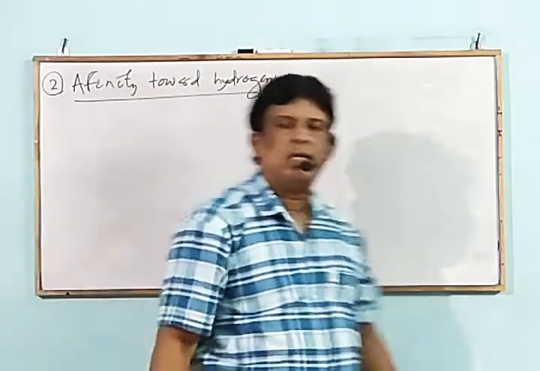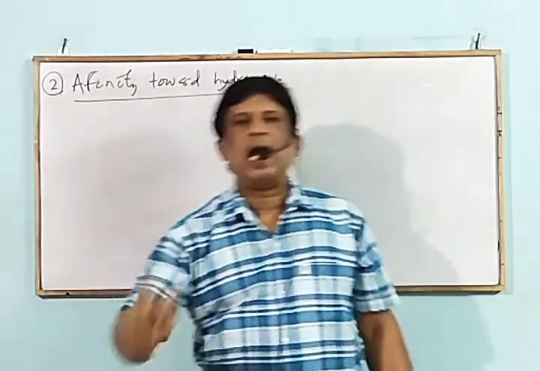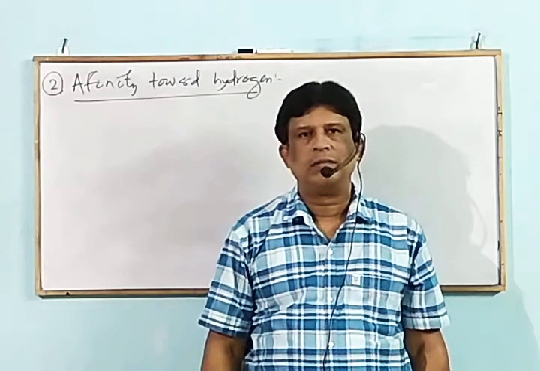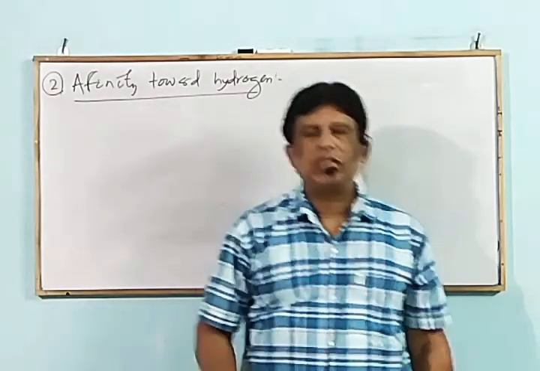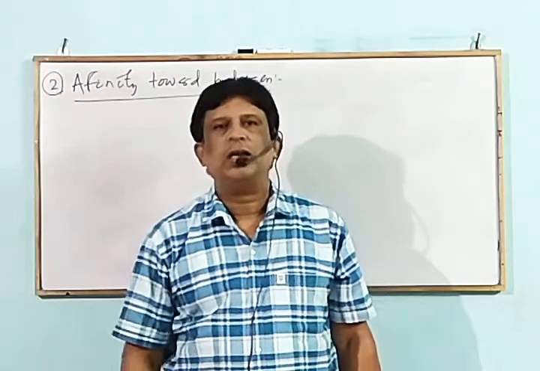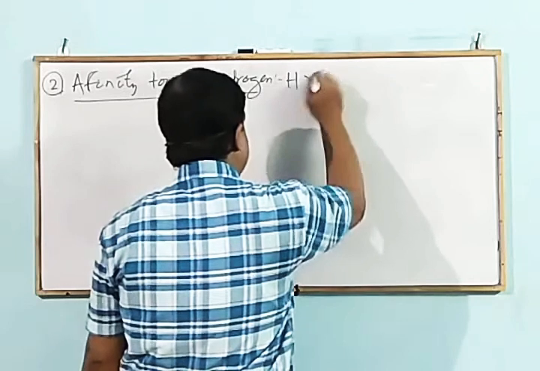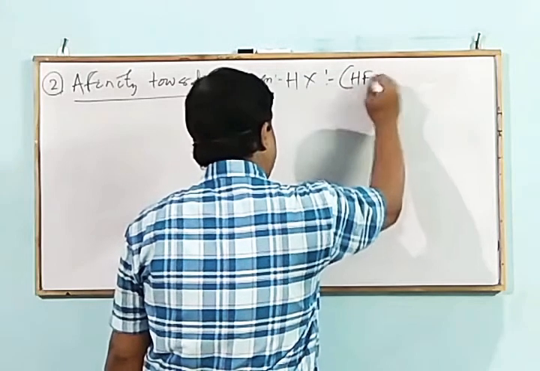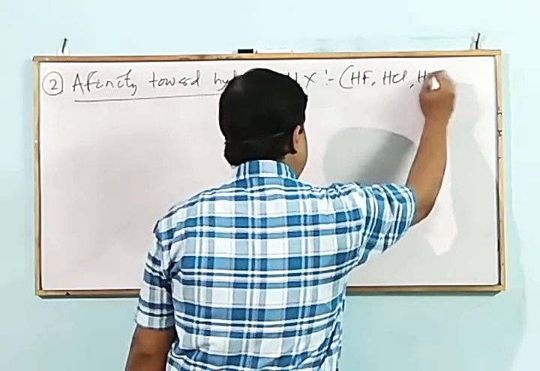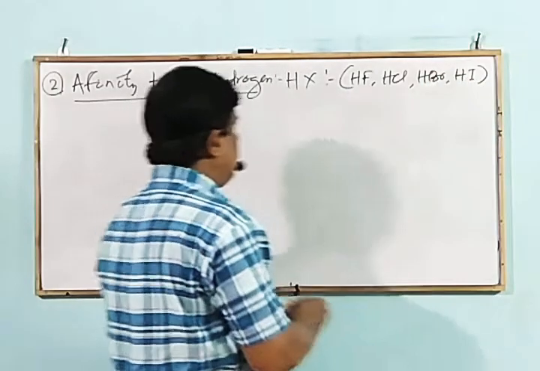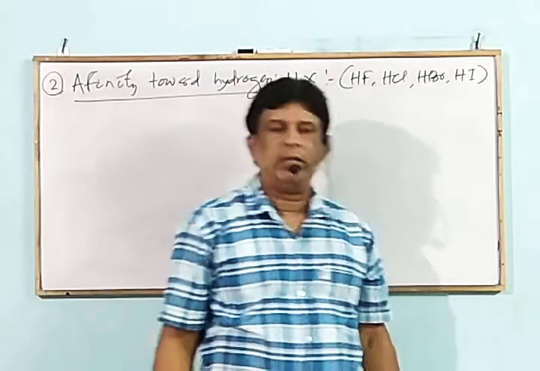The halogens combine with hydrogen to form halo acids, represented by the formula HX, that means HF, HCl, HBr, HI. These are known as halo acids.